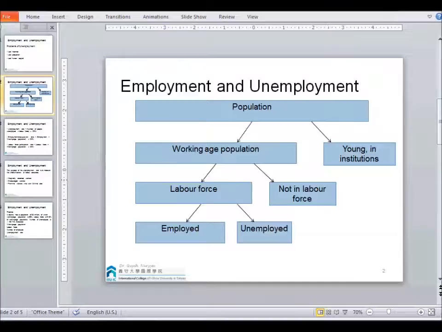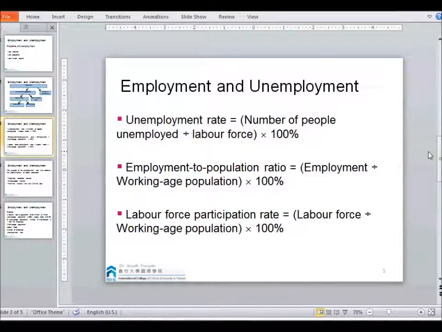So in relation to this chart, we have a few important economic variables we calculate. The first one is the most commonly used, and that is the unemployment rate. Unemployment rate is the percentage of the labor force that is unemployed. Another one is the employment to population ratio, and this name is a little bit confusing because it's not a ratio to the whole population of the whole country.